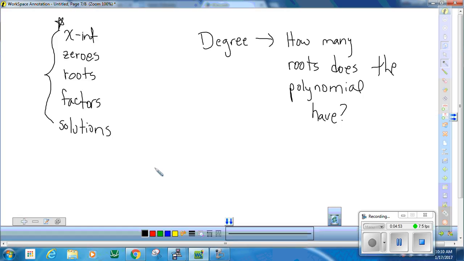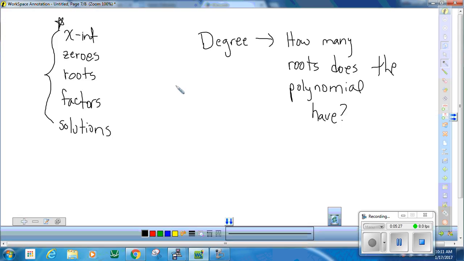This actually comes from the fundamental theorem of algebra, which is a really fancy worded theorem. But what it boils down to is any polynomial of degree n has exactly n solutions or roots, taking multiplicity into account. We did this with quadratics. It was x squared. And we talked about that quadratics have to have two solutions. It's because it is a degree of 2, so it has to have two solutions or two roots.